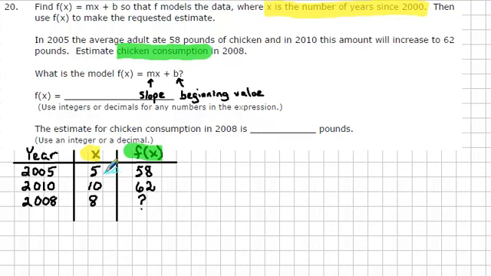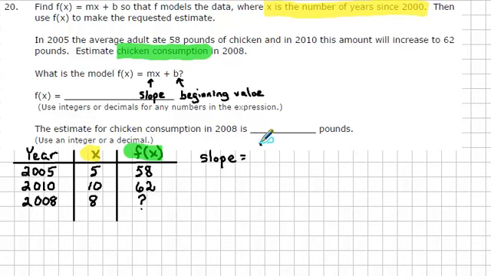The slope can be found by using 2 ordered pairs, and we do have 2 ordered pairs. One of our ordered pairs is (5, 58). The other ordered pair is (10, 62). So let's go ahead and try to find the slope first. The slope is equal to the change in output divided by the change in input.